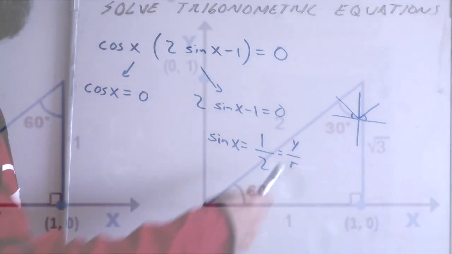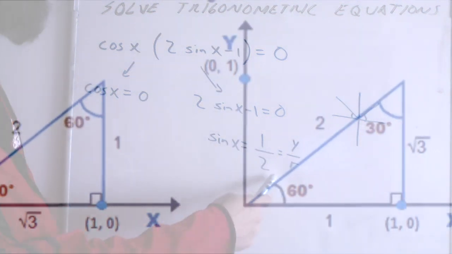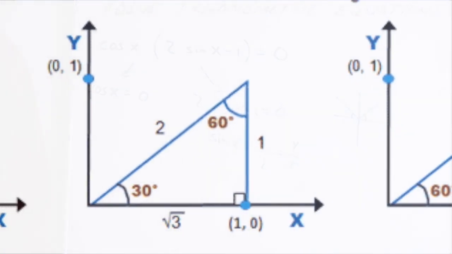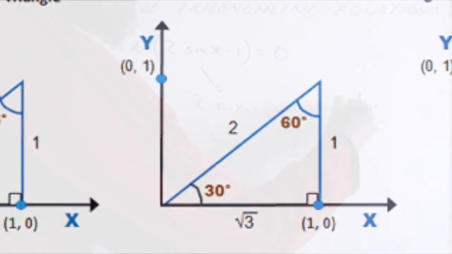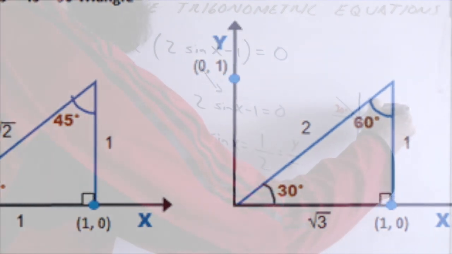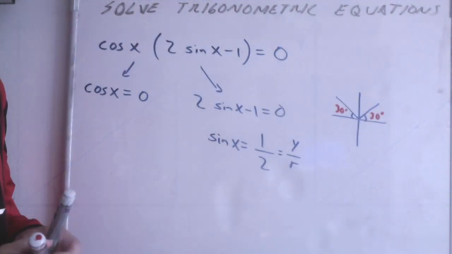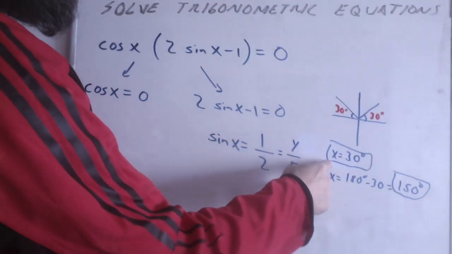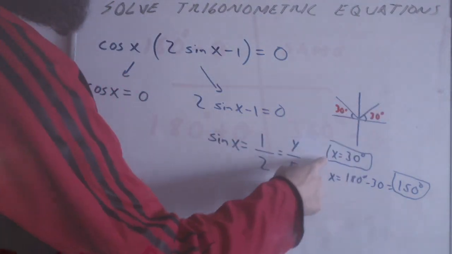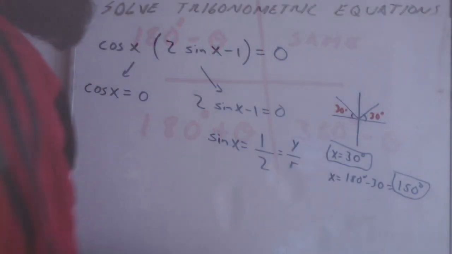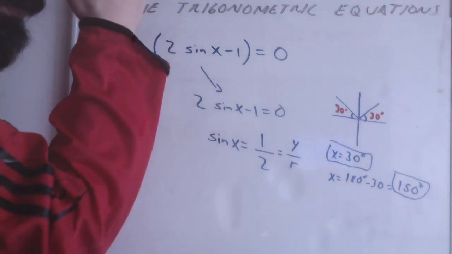So the triangle that has the y equals 1 and the r is 2 is my triangle of 30 degrees. So my first answer is x equals 30 degrees because in the first quadrant, and if it's in the second quadrant it's 180 minus 30. So my second answer is 150.